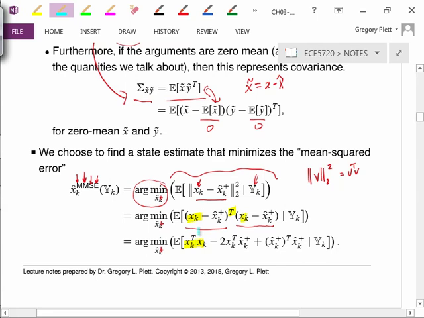And then I have a minus x hat transpose times x. And I also have an x times a minus x hat transpose. Those turn out to be the same thing.